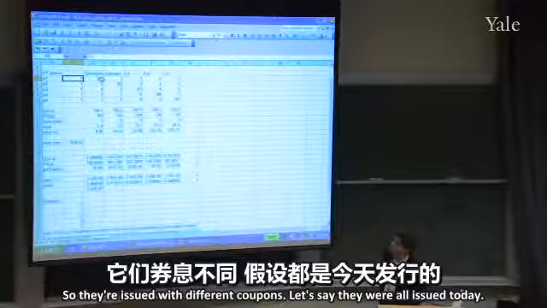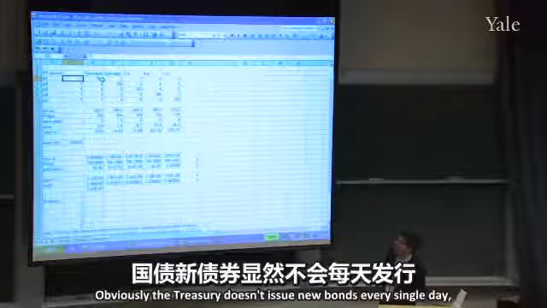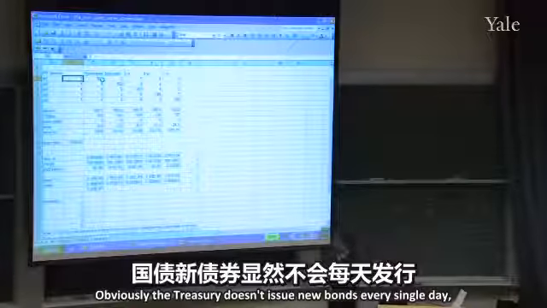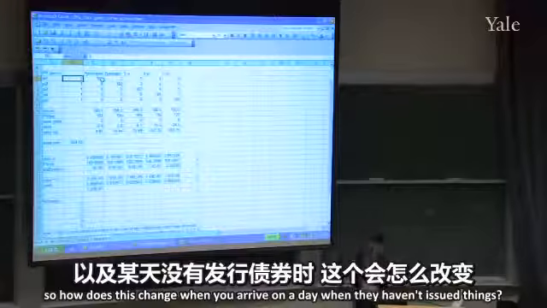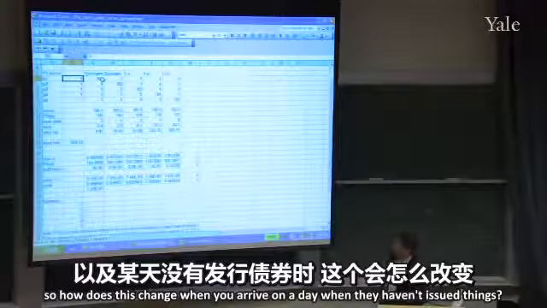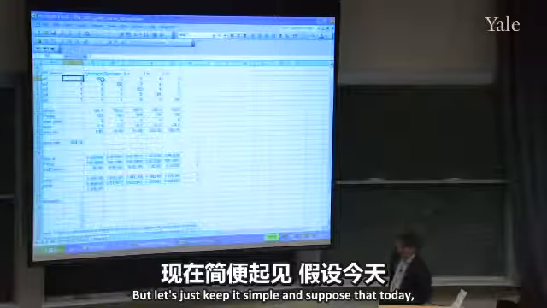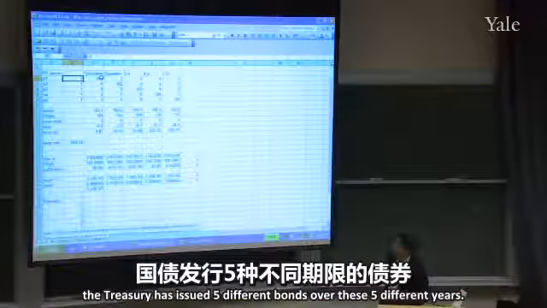Let's say they were all issued today. We'll come back at the end. Obviously the Treasury doesn't issue new bonds every single day, so how does this change when you arrive on a day when they haven't issued things? But let's keep it simple and suppose that today the Treasury has issued 5 different bonds over these 5 different years.